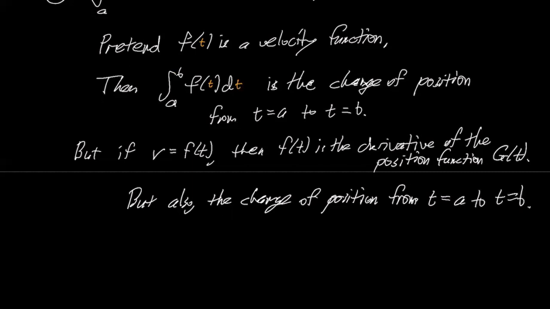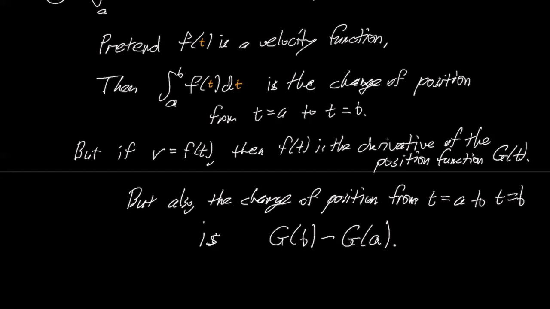Well, it's exactly just the position at time b minus the position at time a, right? That's how you find the change in position. If G of b is bigger than G of a, then it went forward, a net positive change. But if G of b is less than G of a, then it was a negative change of position, whichever direction you decide is positive and whichever direction you decide is negative.